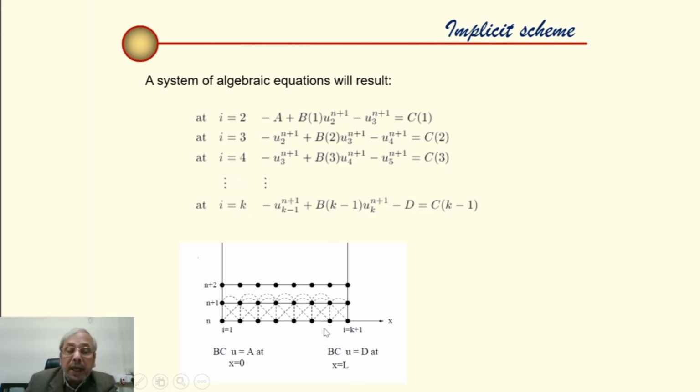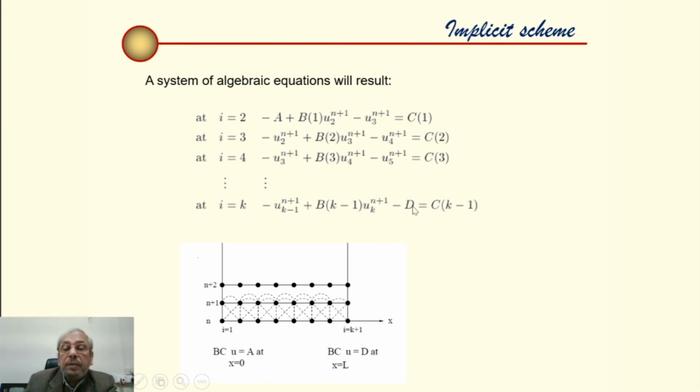So this way, we keep on moving from i equal to 1, 2, 3, 4, etc., up to i equal to k plus 1, which may be the last point. If we move up to i equal to k, we can see u_(k-1), u_k and u_(k+1), and u_(k+1) is falling on the boundary, so it is substituted by the boundary condition. We can see the boundary conditions are u equal to D at x equal to L and u equal to A at x equal to 0.